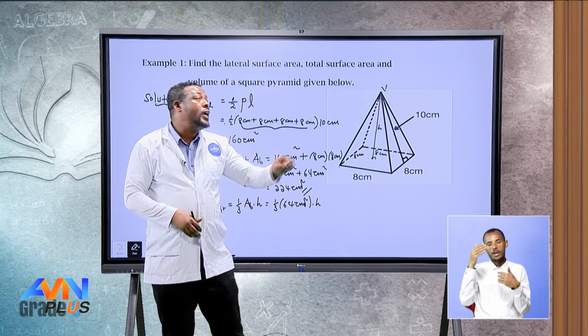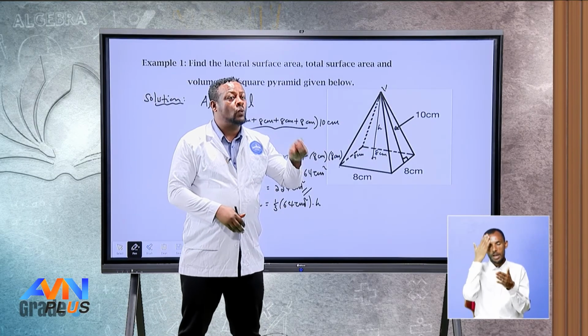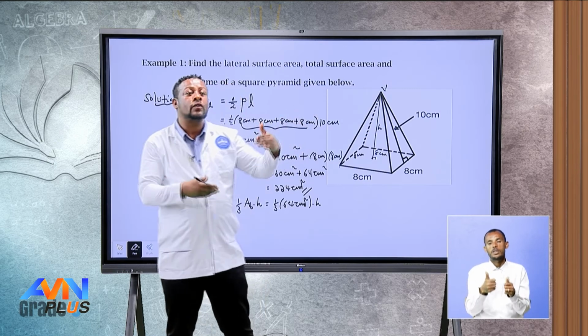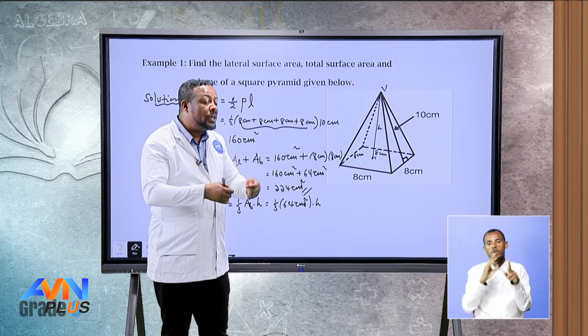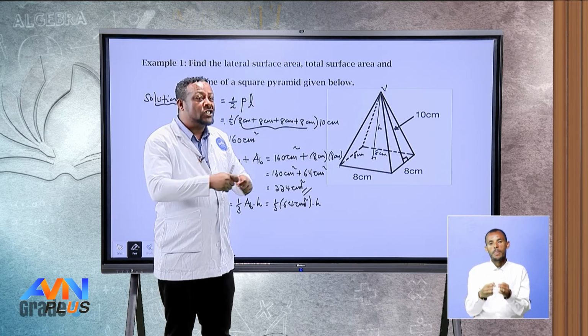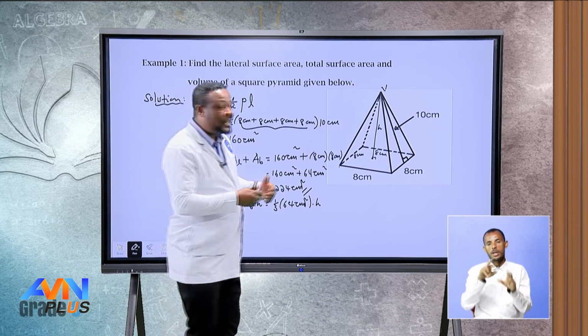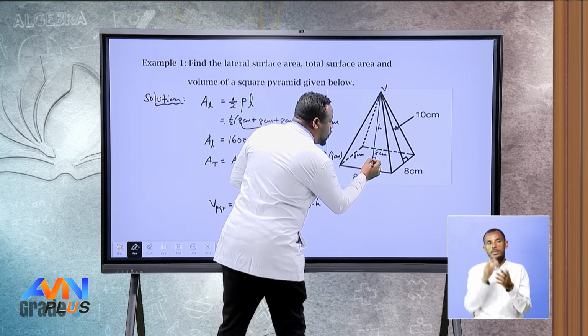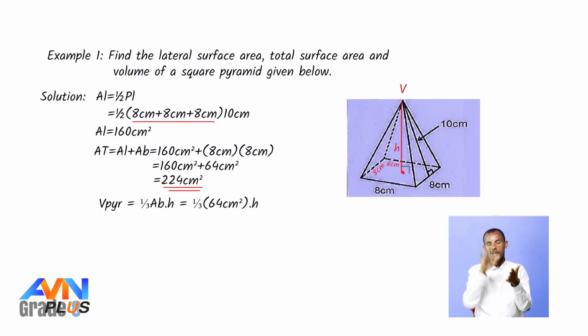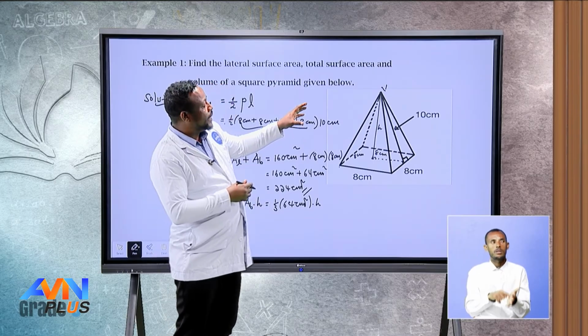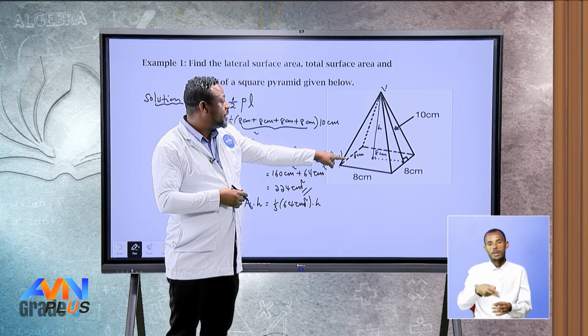So to calculate this unknown side, the altitude of the pyramid, we need to be systematic and construct a right angle triangle in this manner. You can connect the center of the base to the point where the slant height meets the base.